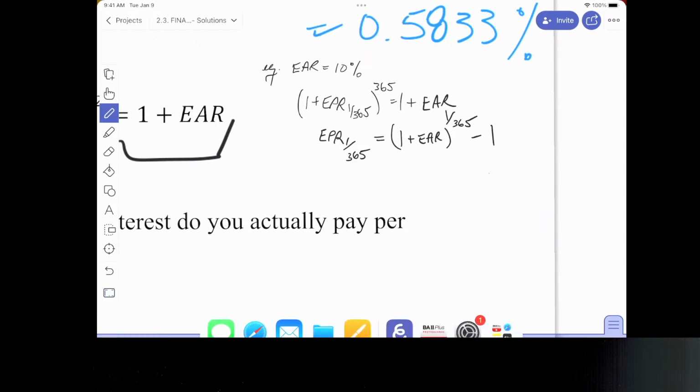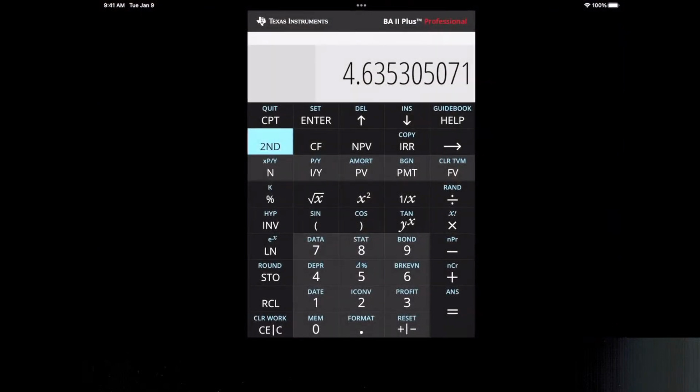So I'm going to take my calculator and enter 1.1, y to the x, 365 inverted, then equals, and minus 1. So that is the daily rate. And this is in decimals. So it's really 0.00261158, or 0.02611158%.